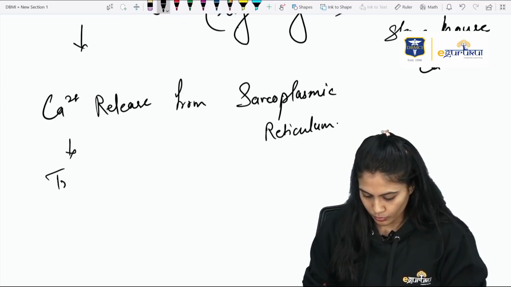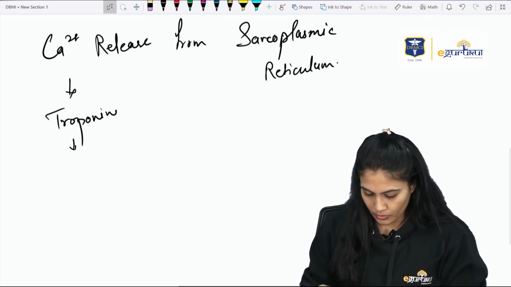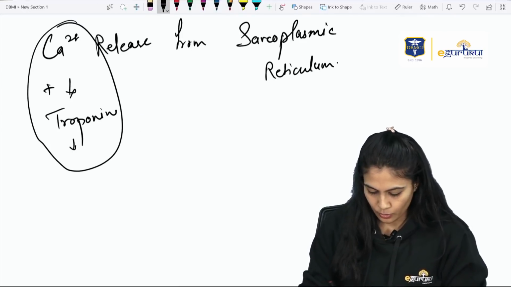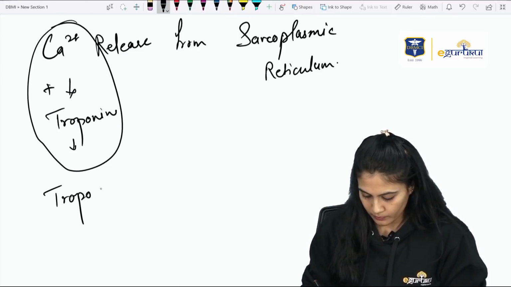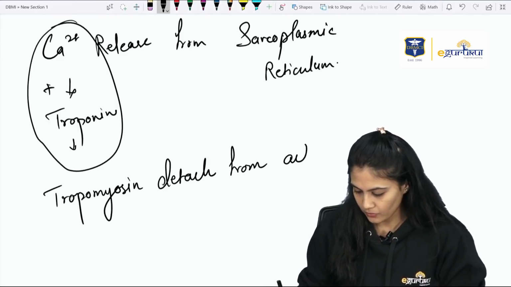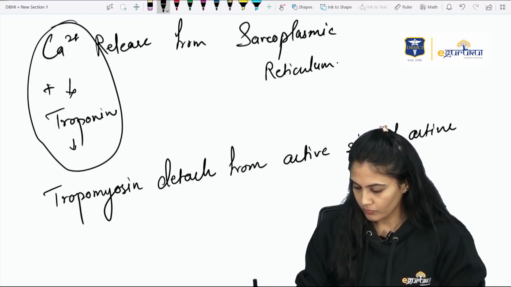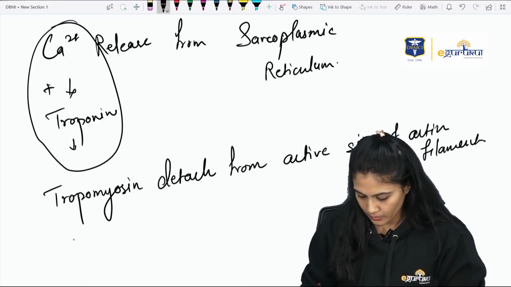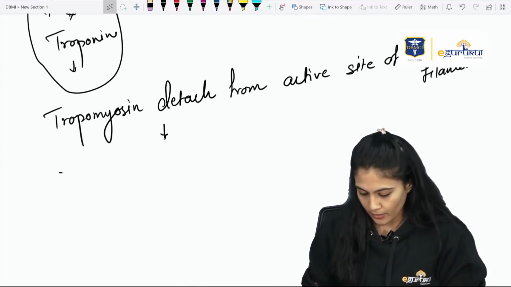Because of this binding of calcium and troponin, the tropomyosin will detach from the active site of the actin filament, and that's why once the active site is free, what is going to happen?